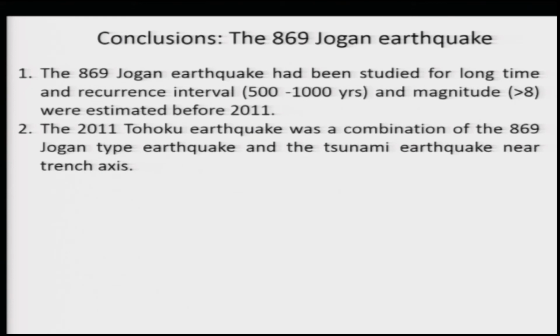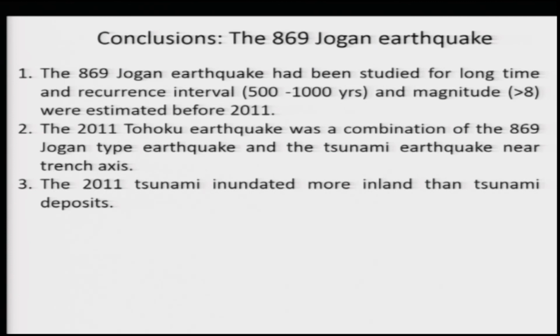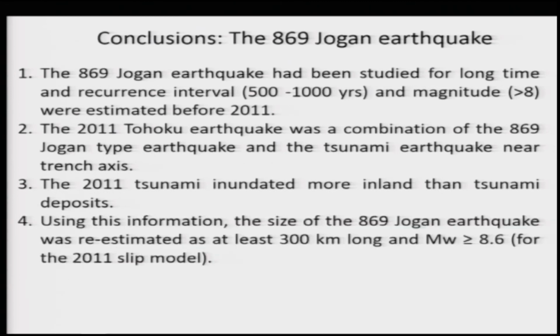The 2011 Tohoku was a combination of the 869 Jogan type earthquake and the tsunami earthquake near the trench axis. The 2011 tsunami inundated more inland as compared to the deposits which had been identified, as I discussed in the beginning, that even the mud deposits were taken into consideration as an inundation limit for 2011.